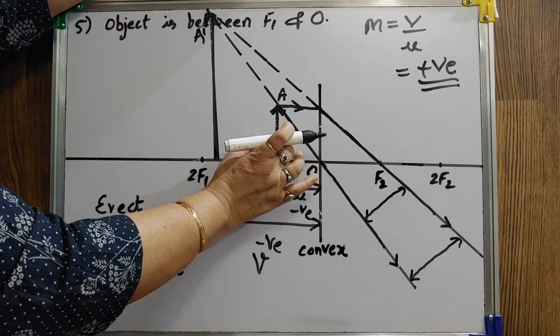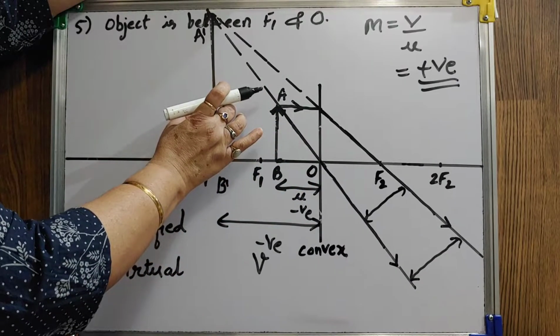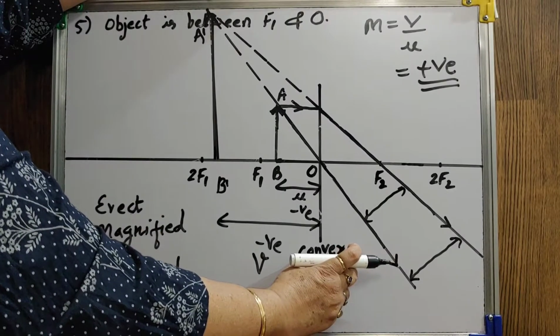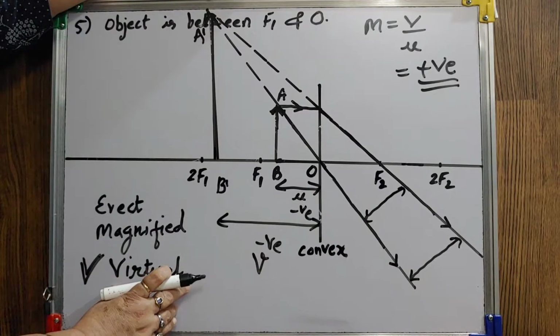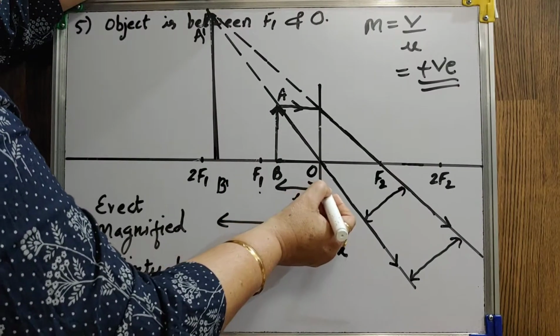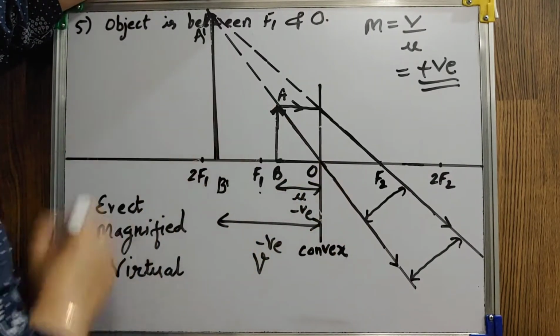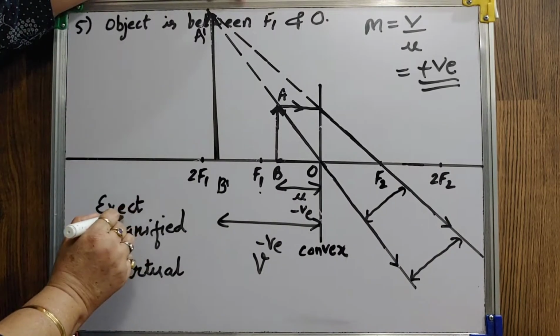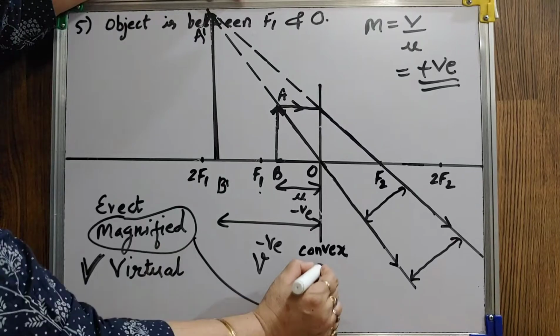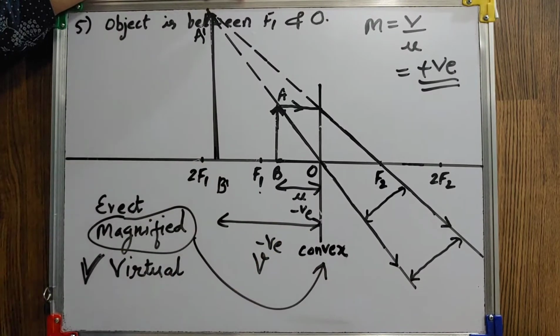We are taking the object on the left hand side, so you are getting the image also on the left hand side. Now, in the case of a convex lens, you get a virtual image only for one position, that is between F1 and the optical center. This image is always magnified in the case of a convex lens.